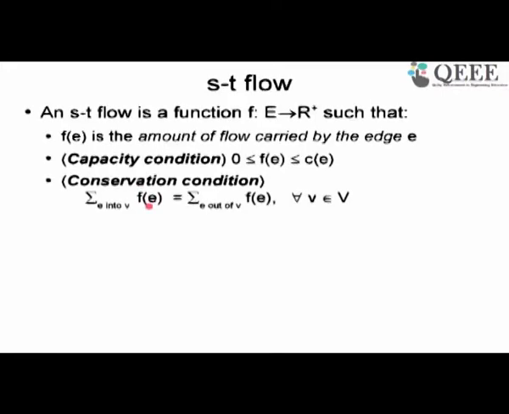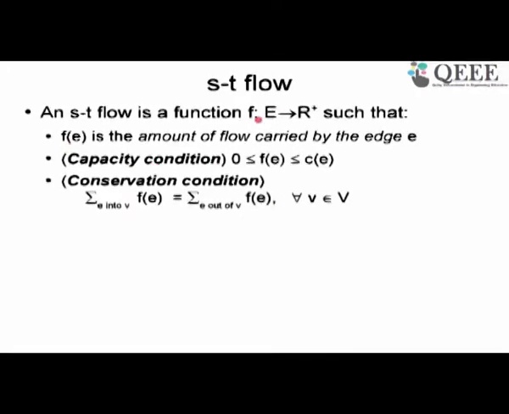If you keep adding all the flows of all the edges incoming into that vertex, you get the incoming flow for that particular vertex. Similarly, you can calculate the outgoing flow for that vertex, sigma over e out of v, f(e). These two should be equal. The amount of flow going into a vertex should be the amount of flow going out of the vertex. No flow can stay at a vertex, and no new flow can be created at a vertex. That is what this is saying.